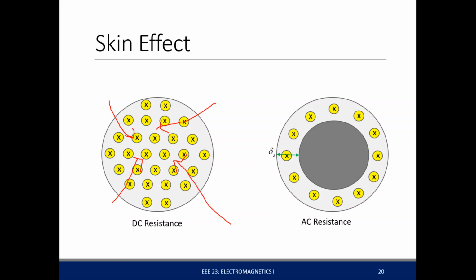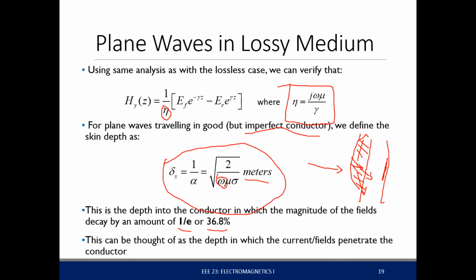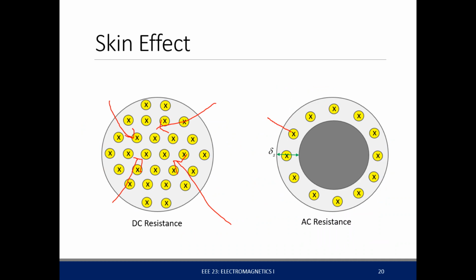But if we have a very fast excitation, so very high omega, this delta S is actually very small. Therefore, the penetration of our field can only go so far, and it will disappear at some point. Okay? So this is called the skin effect. If we go higher in frequency, the wires actually have more resistance.